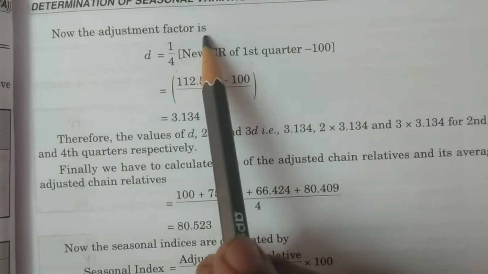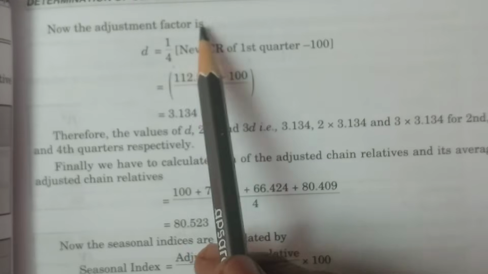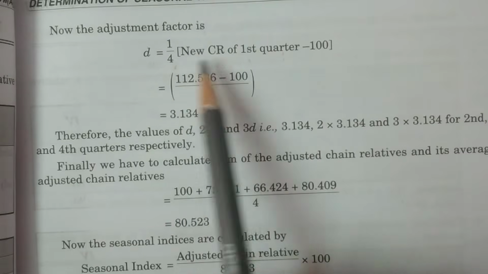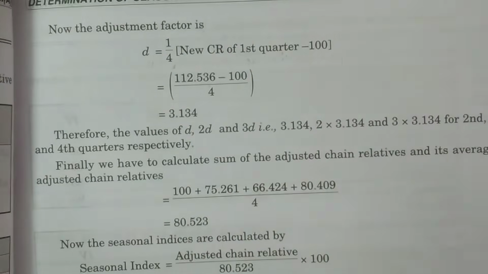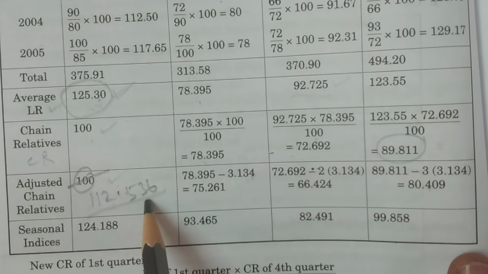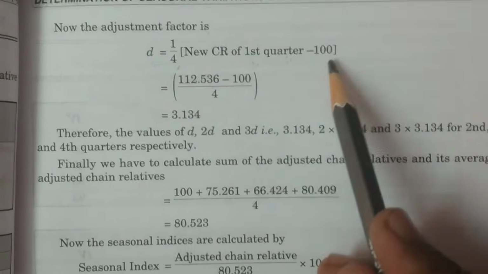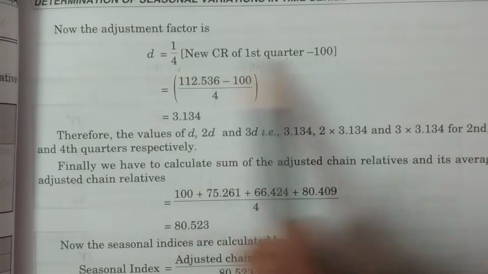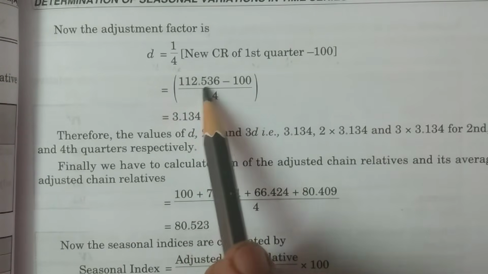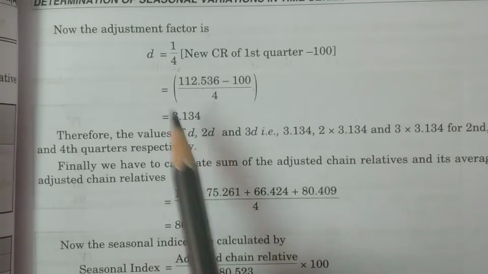The adjustment factor D is equal to 1 by 4 into the new CR of the first quarter minus 100. The new CR of the first quarter was calculated as 112.536, minus 100, divided by 4. This is how you calculate D. D is equal to 3.134.